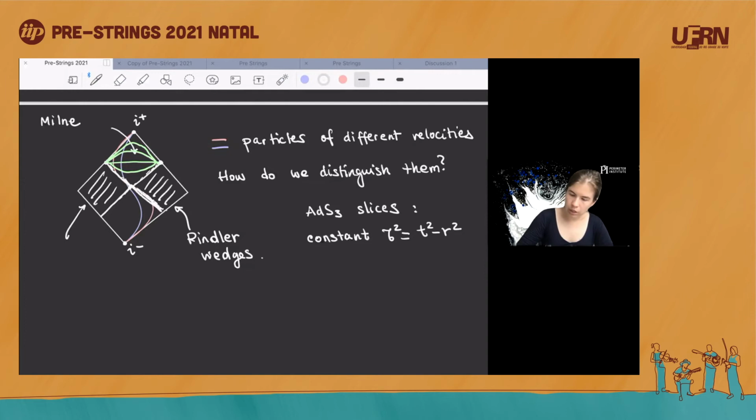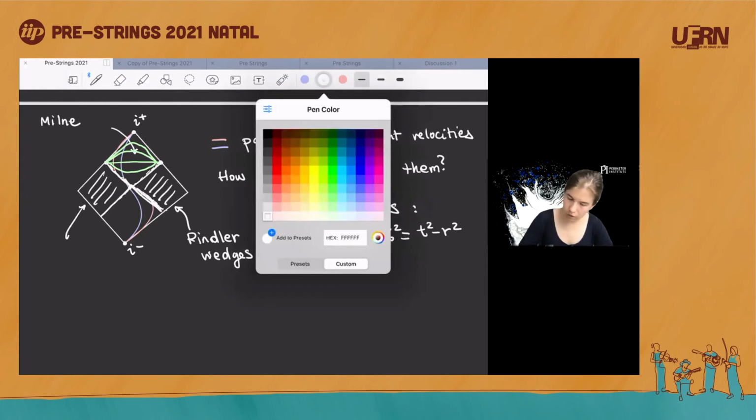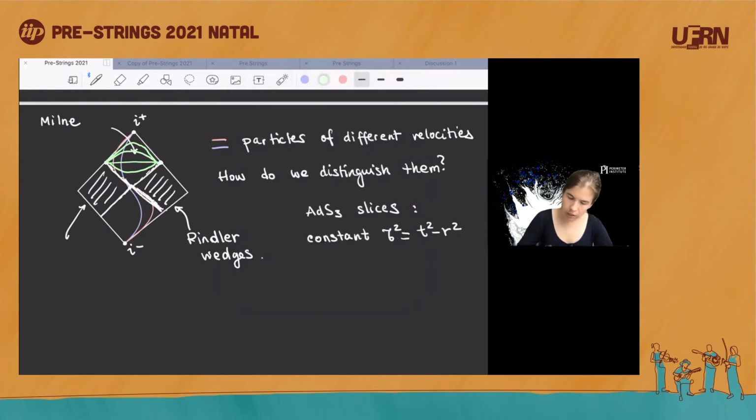As one goes up this way, one goes to tau to infinity, and these are tau equal to 0 surfaces. The null cone is a tau equal to 0 surface. Similarly, one can also describe the past of the null cone, but let's just focus for simplicity on the future.